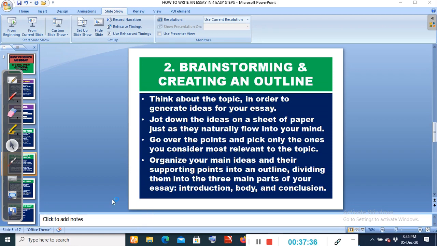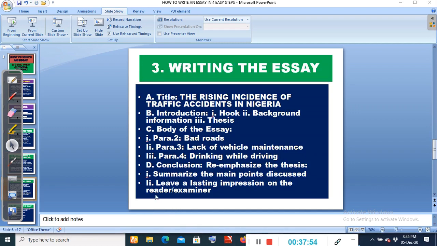Let's get back to the conclusion. The conclusion will only re-emphasize the thesis by summarizing the main points discussed, and essentially there are different ways we can emphasize the need for action to be taken.